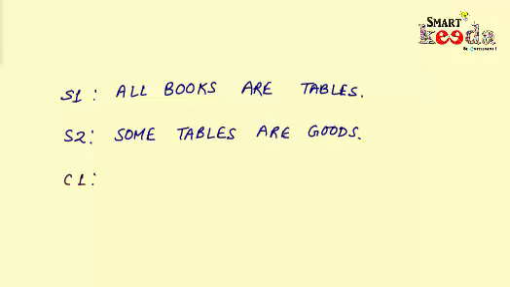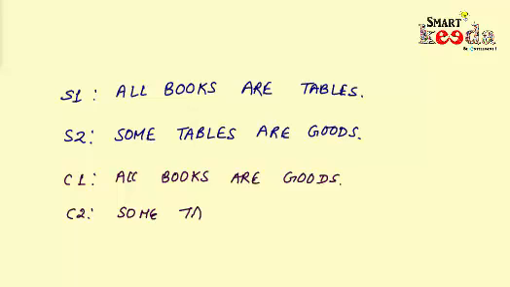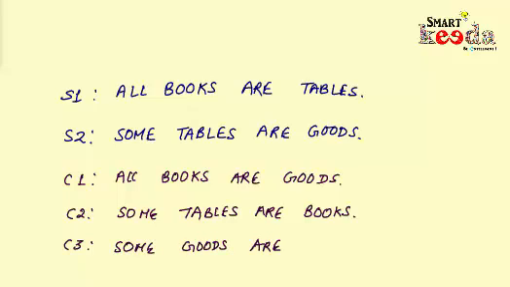C1 is all books are goods. C2 is given as some tables are books, and C3 is some goods are books.